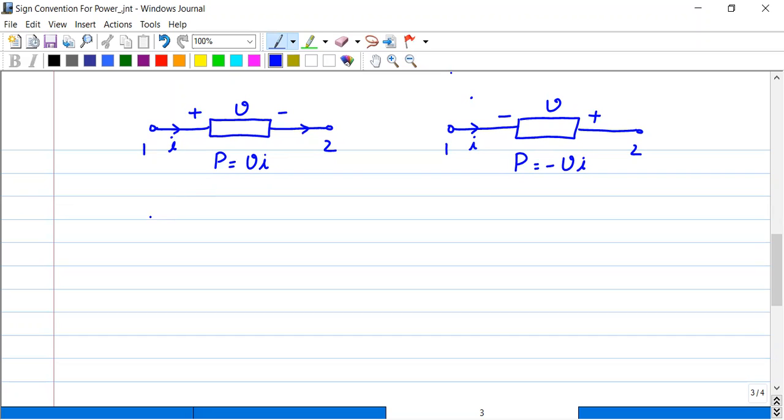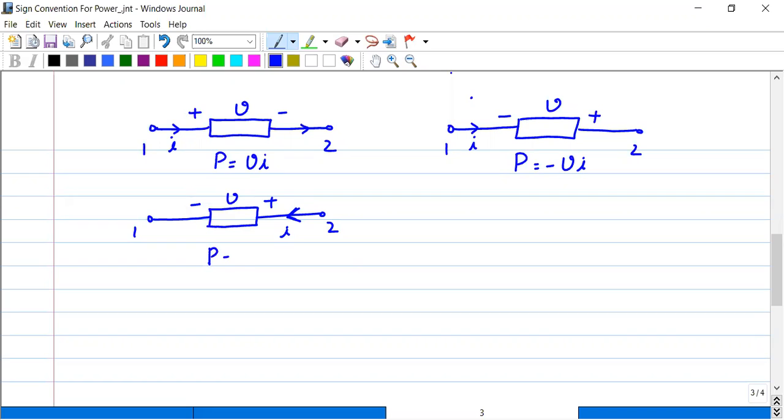And it is not that the direction of current is always entering the positive terminal. The same circuit, I can show with the polarities reversed, minus and plus, and maybe current can enter like this also from 2. Still you see, if current is entering the positive terminal of the voltage, here also current I is entering the positive terminal.